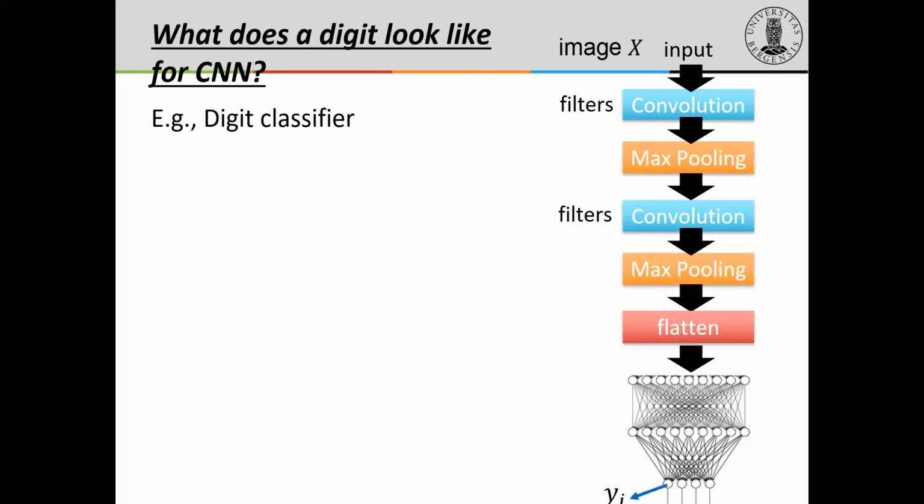We just need to maximize the output of the CNN, which is a class that can be represented as y_i.